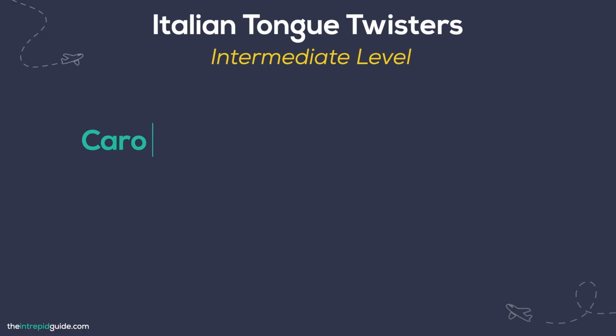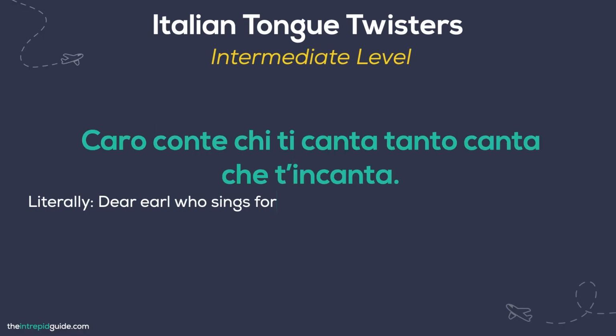Coming in at number 12, we have the Italian tongue twister. Caro Conte, chi ti canta tanto, canta che t'incanta. This literally means, Dear Earl, who sings for you is singing so much that it is fooling you.